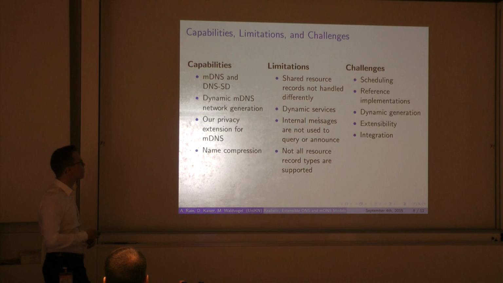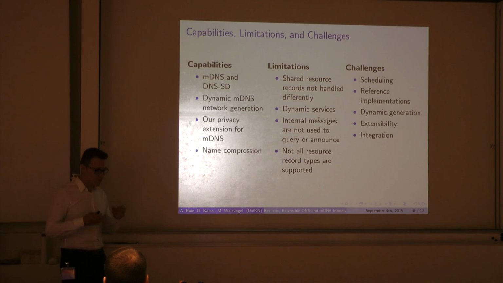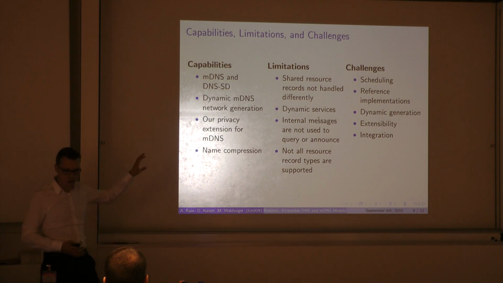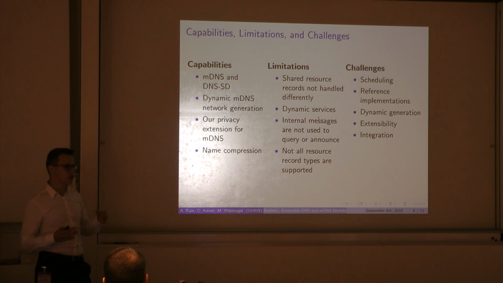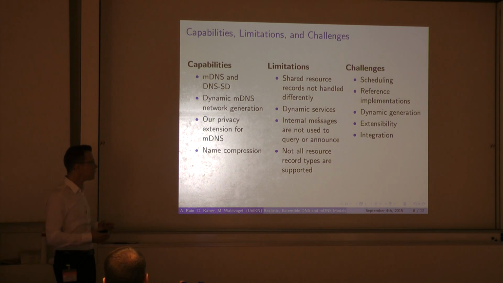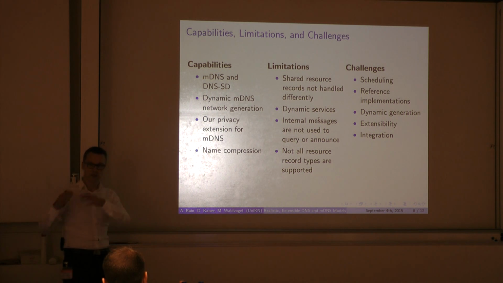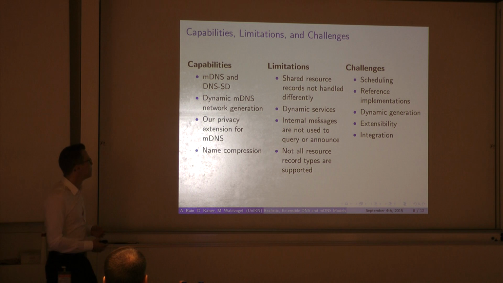Now, this also brings me to the capabilities. As I've previously mentioned, the mDNS resolver is RFC compliant. This means we support mechanisms such as known answer suppression, duplicate question and answer suppression. We also respect the different scheduling guidelines which are specified within the RFC.